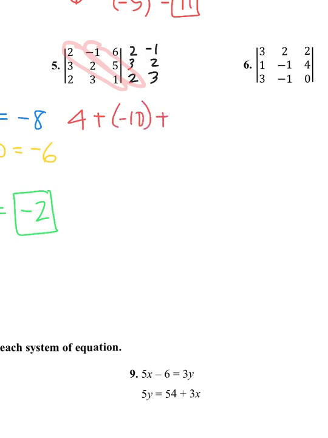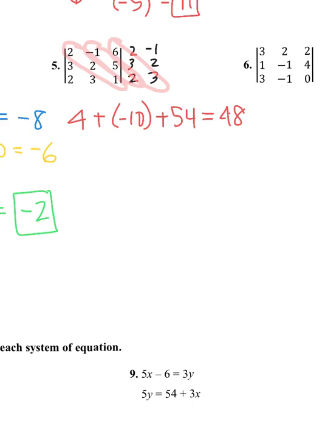I'm going to add that to my last one, 6, 3, and 3, which gets me 54. Adding those all up, I get 48.